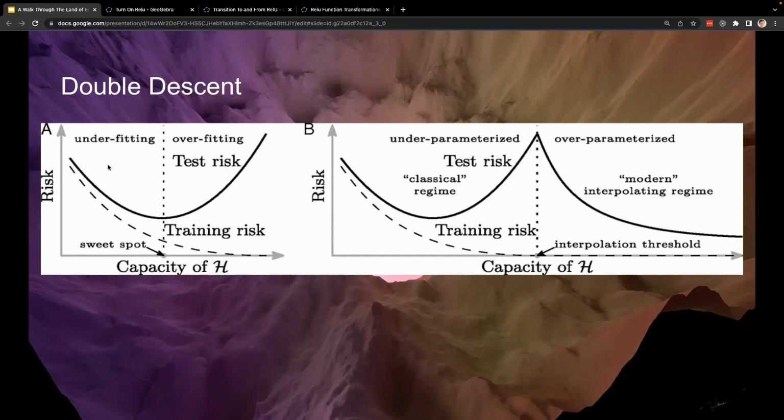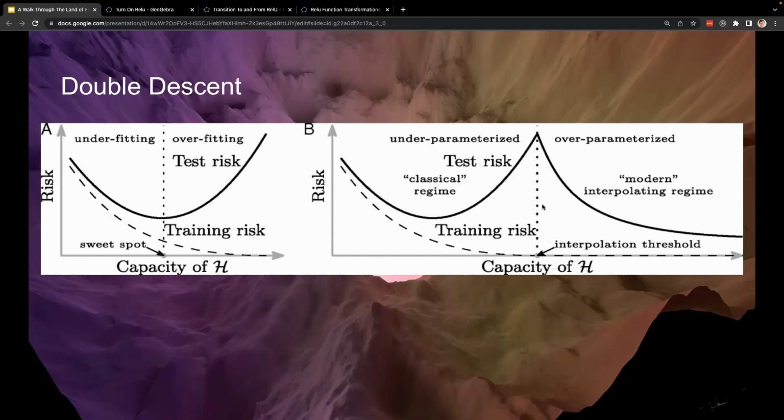So this left hand is the traditional view from statistics: fewer parameters means you generalize better, and you stop making your model bigger once you get here. But here we just keep throwing parameters at it and our model just keeps getting better.